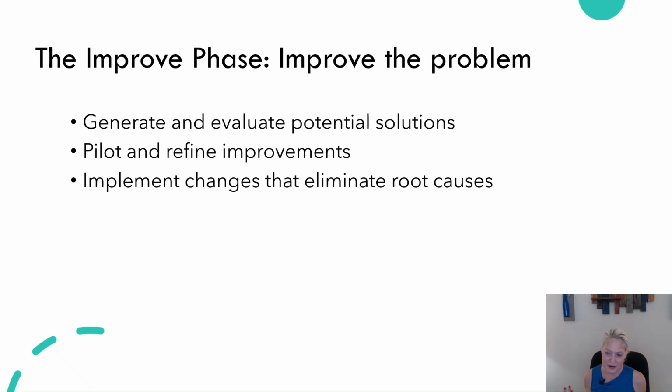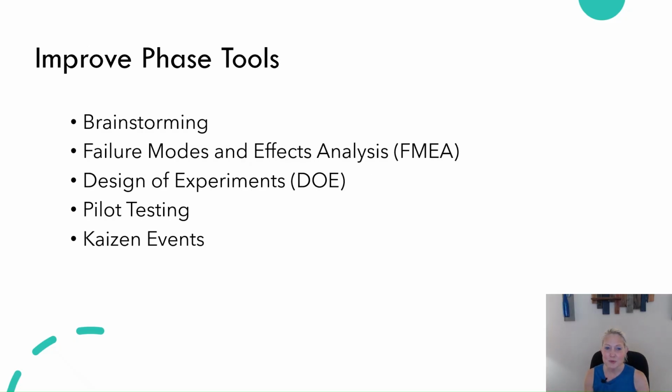I think this is one of my favorite parts of the DMAIC phase, because we did all this work and now we get to implement the improvements or the solutions to solve the problem. Some of the tools that we use is brainstorming. Yes, brainstorming is so very simple. It works. But a lot of times we will use that along with failure modes and effects analysis, or FMEA.